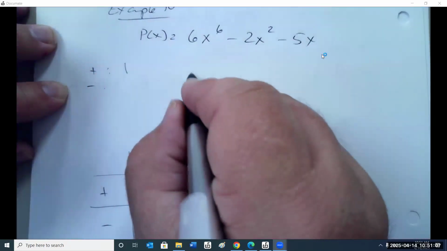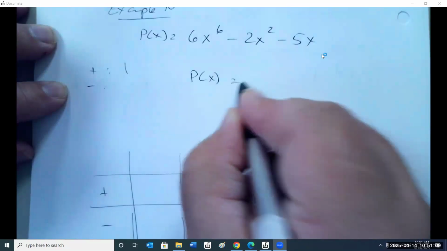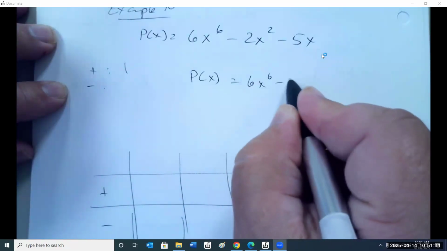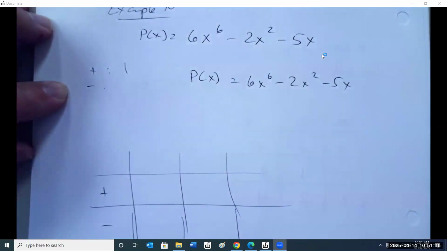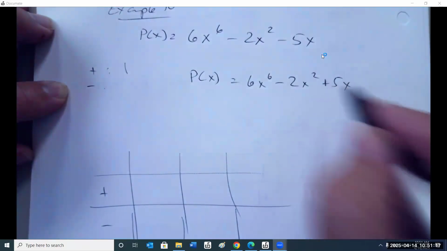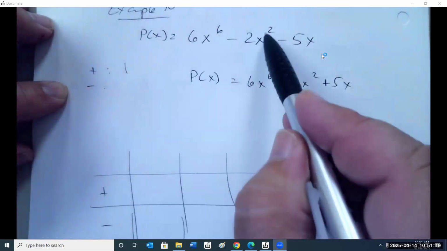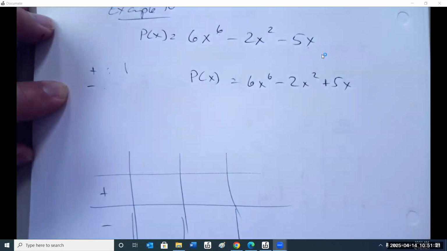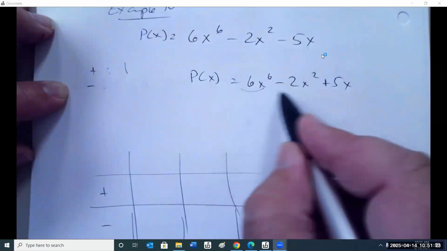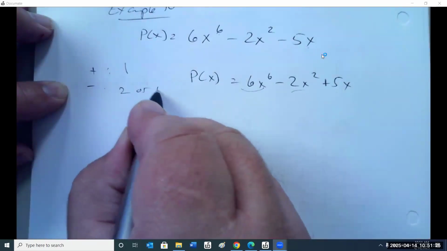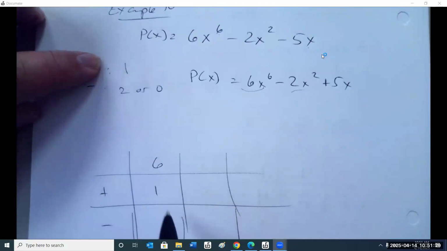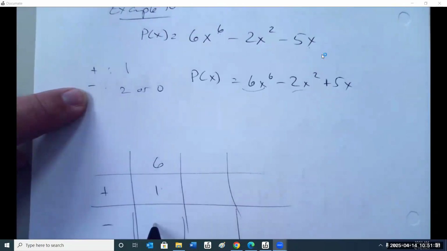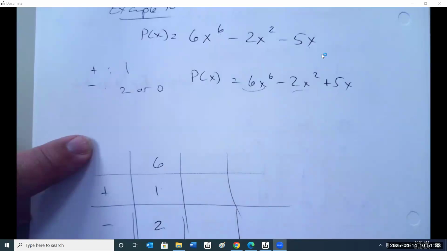How many negatives? The only one that changes is that one, because that's even, doesn't change, doesn't change. So how many sign changes? Or 0. We're supposed to have 6. So we have, this one has to stay 1. This one's 2.